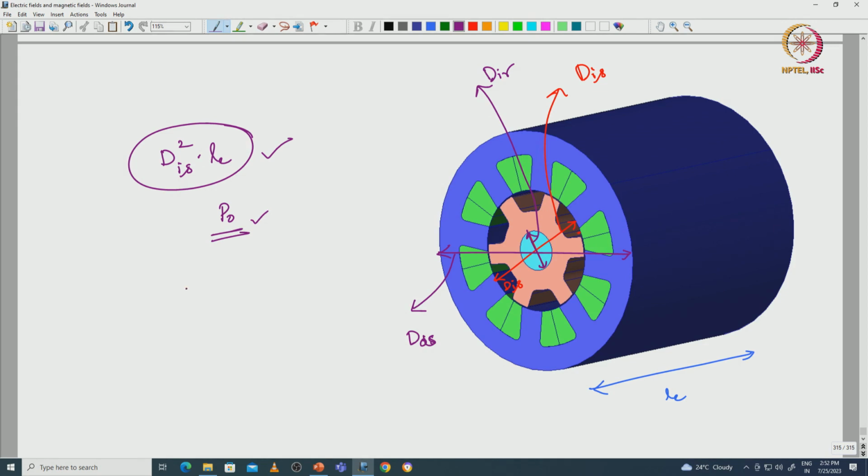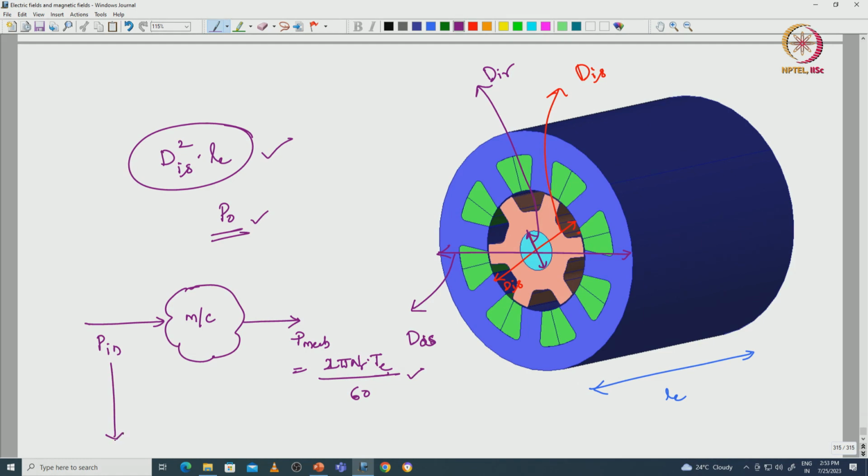For this, let us consider the switched reluctance machine. This is the machine. Input power we are giving P_in, and output power, mechanical power, P_mechanical, is equal to 2 pi speed of the rotor into developed torque divided by 60. This is the standard equation with respect to the mechanical power, and the input power of the switched reluctance machine we have to define with respect to the duty cycle.